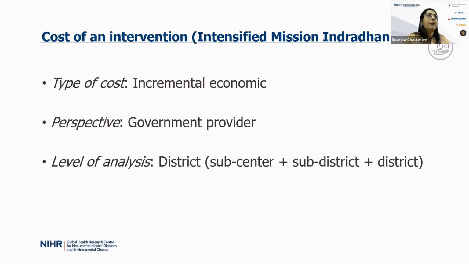Think about it like now it could be 72% or something. But the government wanted to improve that coverage to 90%. Improving the coverage from 72 to 90 requires some extra effort.